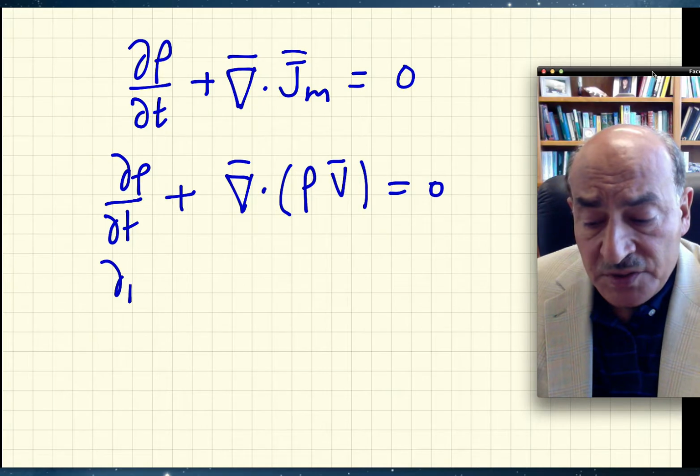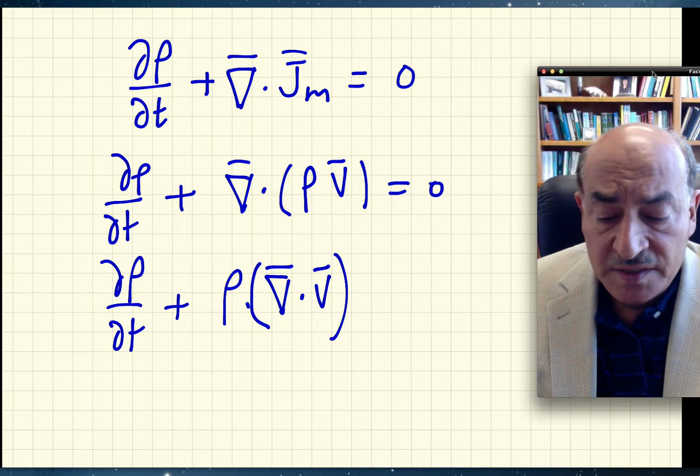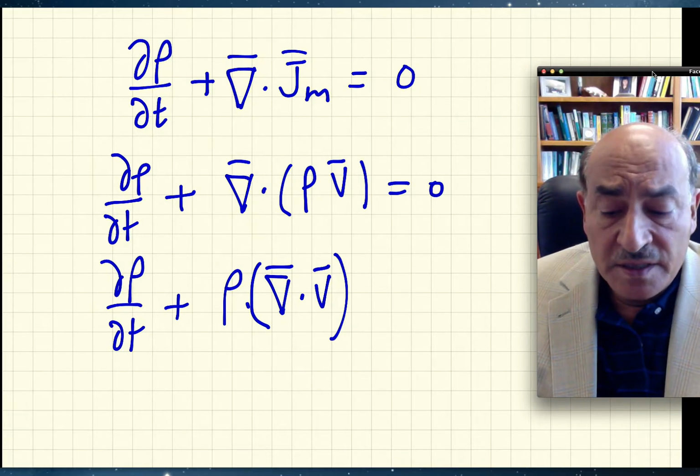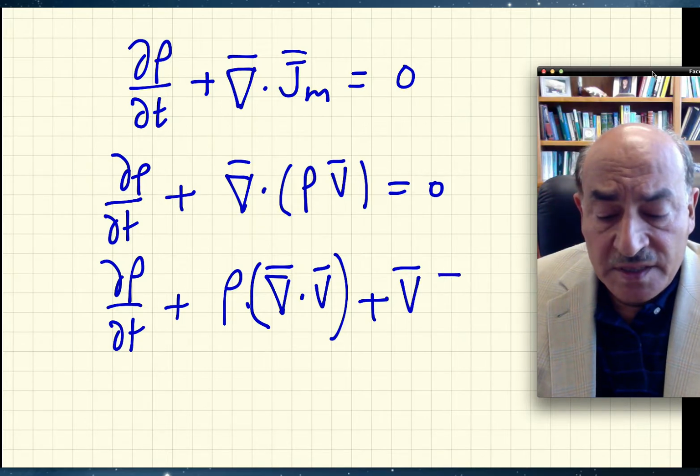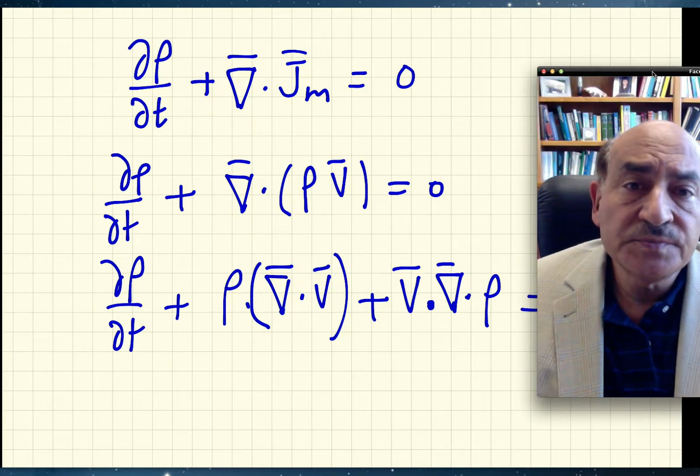So I will have d rho by dt plus rho times the divergence of the velocity, which I'm going to put here in parentheses, plus now the velocity times the divergence of the density. And this is now a dot product because I have to have a scalar here. This will be equal to 0.